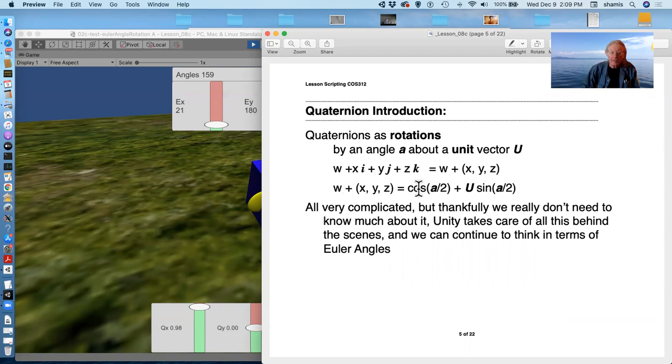And the w is the cosine of the angle over 2, and the x, y, and z are the unit vector u times the sine of the angle A over 2. All very complicated. Thankfully, we don't really need to know much about how this works because Unity does all this behind the scenes, and we can continue to think in terms of Euler angles, but we'll use quaternions all the time.